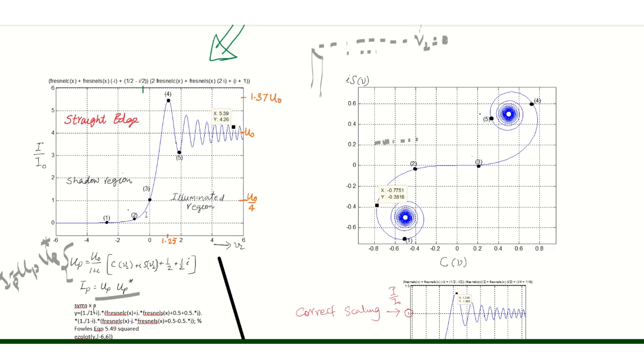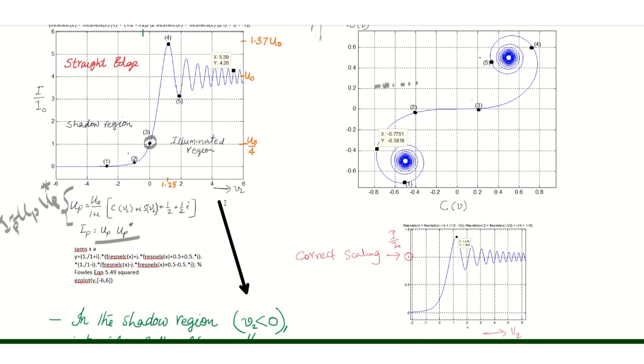See, at V2 equal to 0, this is what we get. By the way, while computing that, there was a mistake in the actual values, I think, and therefore I had 4 in the background. It should have been 1. This is a graph which shows the values with the correct scaling, but the overall behavior remains the same.